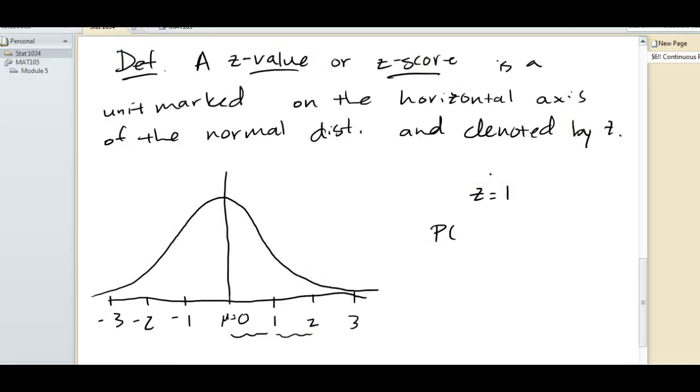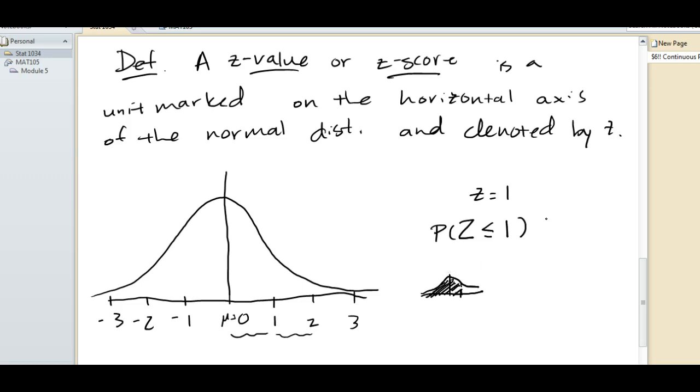So if we go back to the notebook, if we had something like capital Z is less than or equal to our value 1, then what would the picture look like if I just do a little miniature version of the picture? I'd be looking at the 1, and I'd be shading all the values to the left.